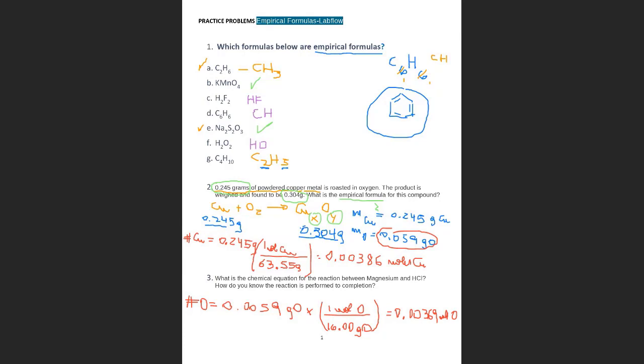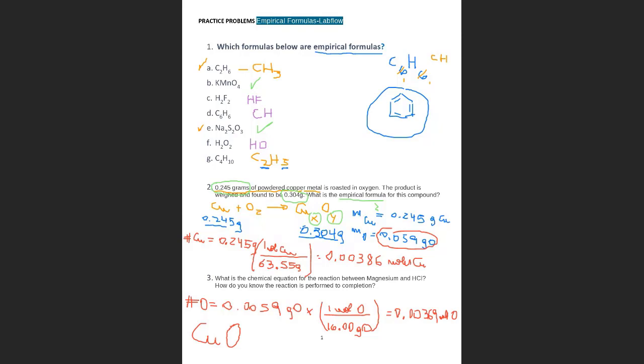Now that I did step 2, what does that mean? I'm very close to the empirical formula now because I had to calculate the X and Y. And I know the atoms are copper and oxygen. And what did I calculate?